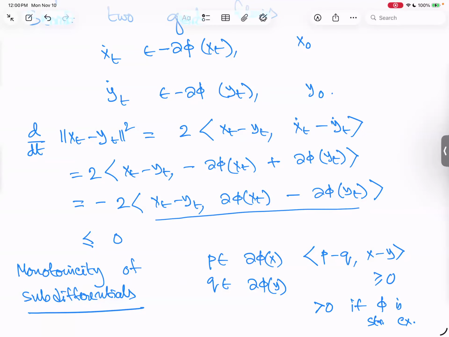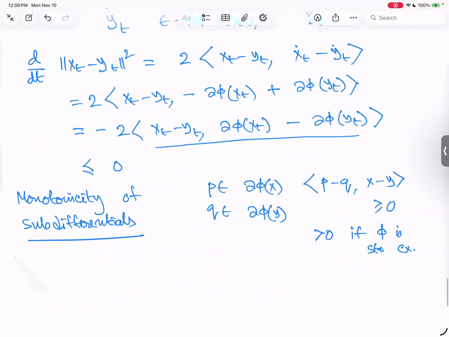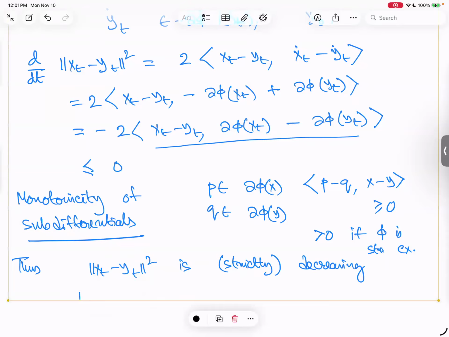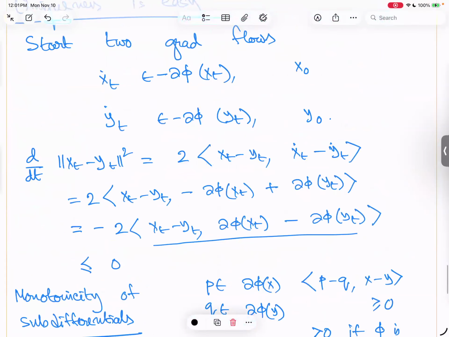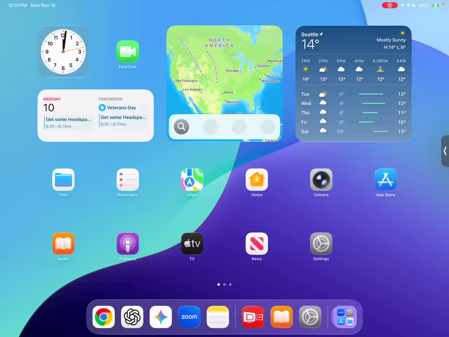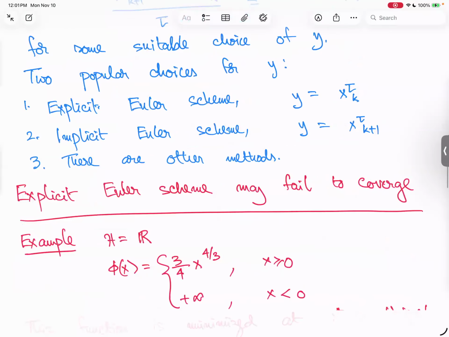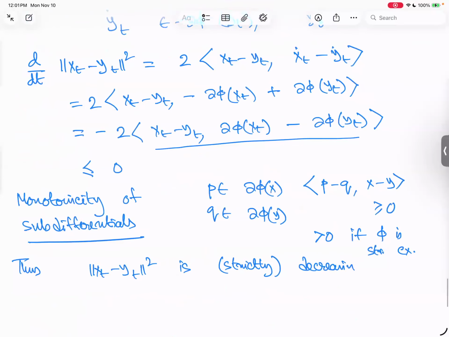And so what I see from here is that the norm of xt minus yt is strictly decreasing if phi is strictly convex.